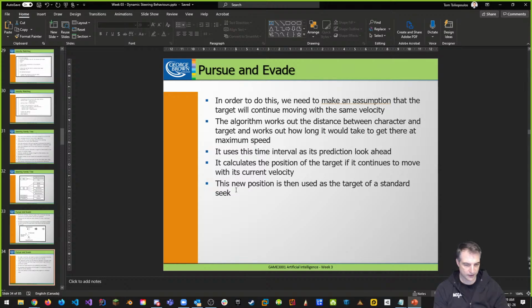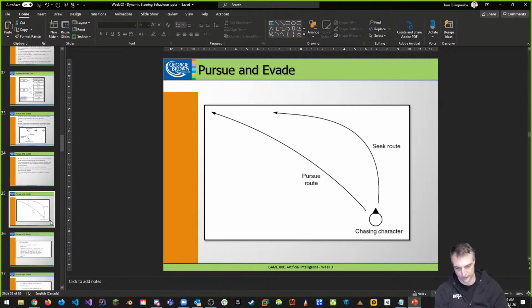We need to make an assumption that the target will continue moving with the same velocity. That is the assumption we're going to make when it comes to pursuit. We're going to assume that they're not going to speed up and they're not going to slow down, right? So we're going to calculate where they're going to be based on the current velocity. Here is the seek route, where they're going to come up behind the character they're chasing.